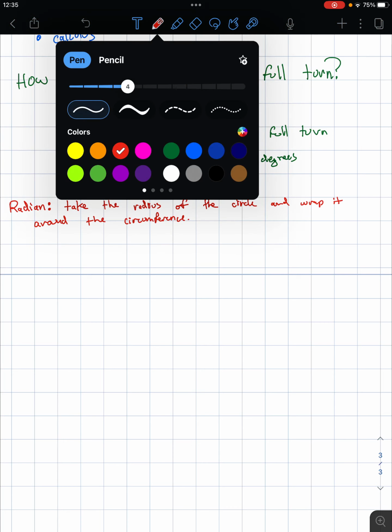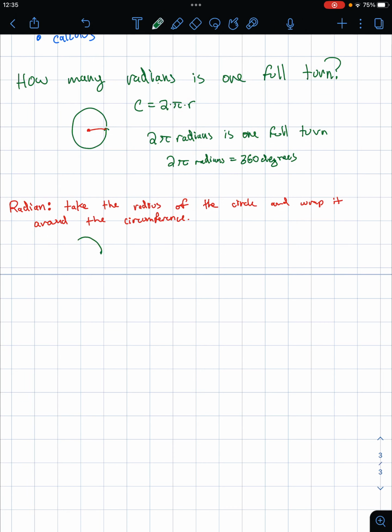Okay, so if I have my circle here that represents one full rotation, if I have a radius, right, length r, if I take that radius, length r, and if I wrap it around this circle like such, and so here it goes, and I'm able to cover a radius length on the circle, that is 1 radian.